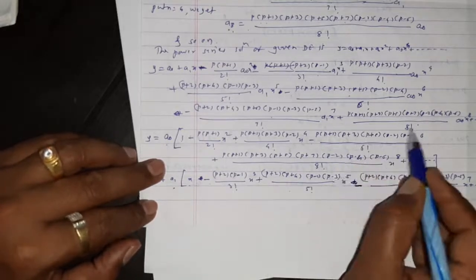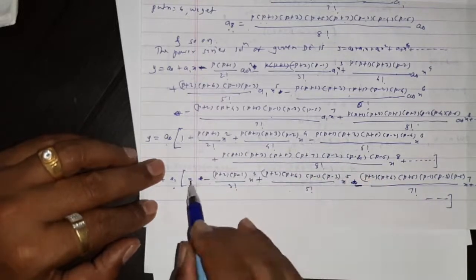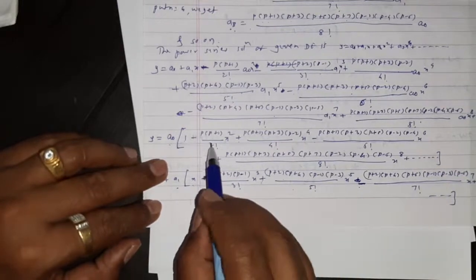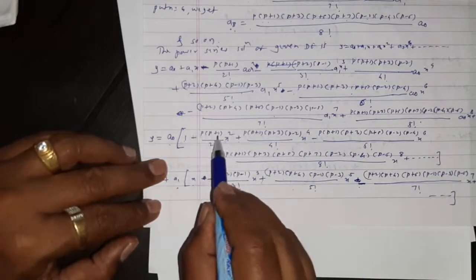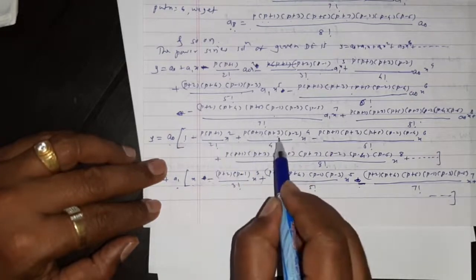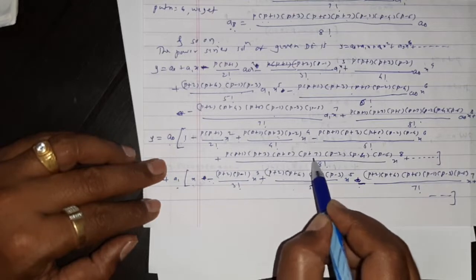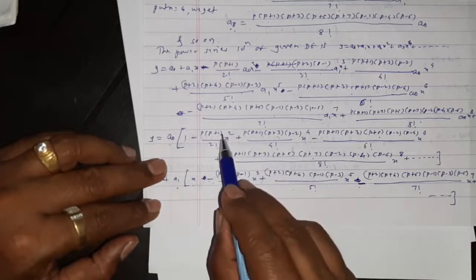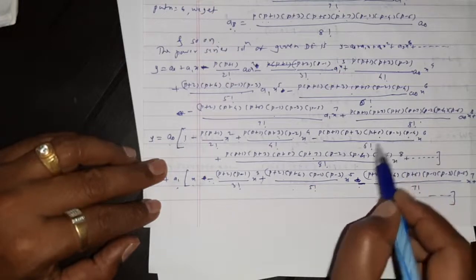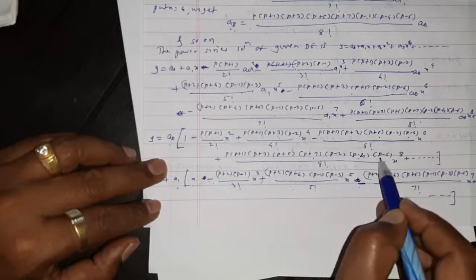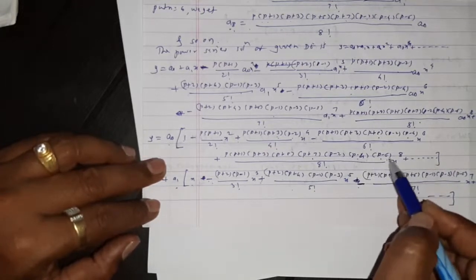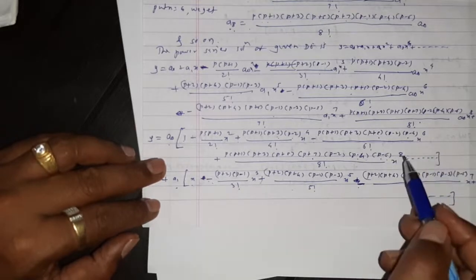Observe this is p plus 1, p plus 2, then p plus 3. Here is p plus 3, here is p plus 5 as an extra term, p plus 7. And here p minus 2, p minus 4, then p minus 2, p minus 4, p minus 6. Next term is p minus 2, p minus 4, p minus 6, p minus 8. Next term, to find x raised to 10.